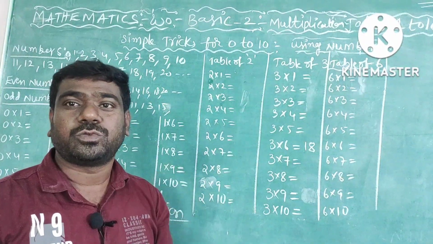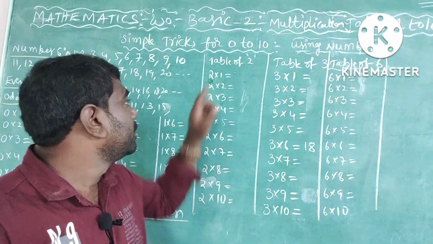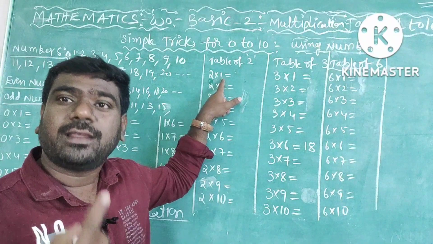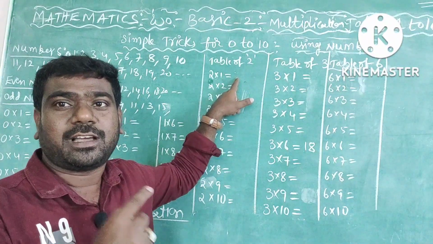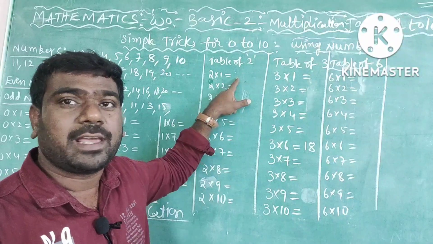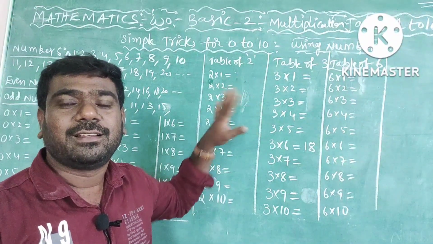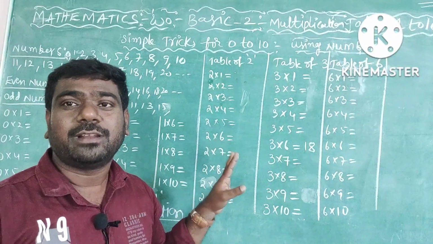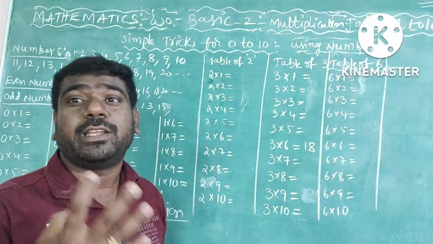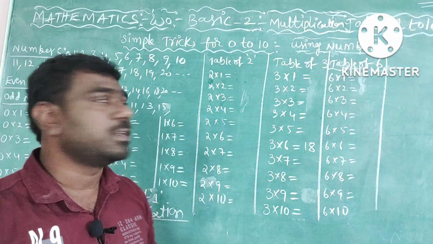So, 3 ways we can read here. 2 times 1 is 2, 2 ones are 2, 2 twos are 4, 2 threes are 6. Like this also we can read. So, first, reading the table is very important. Don't get confused. We can read the tables very easily.